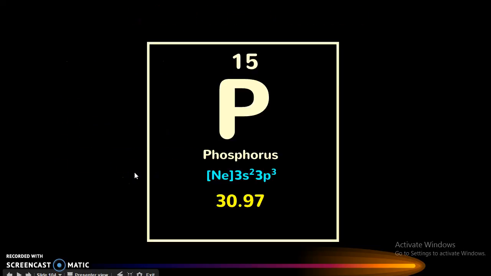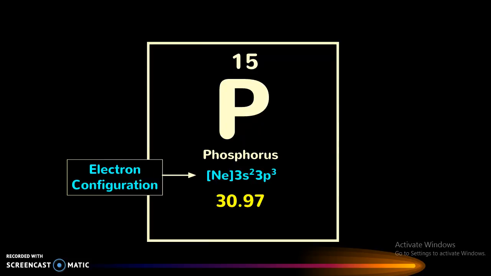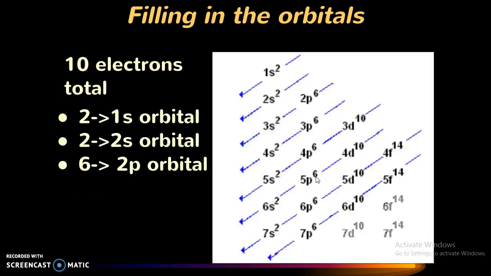We can use this information to then do other elements such as phosphorus. Now we're going to be looking at this electron configuration on the bottom. As you can see here, it says neon, and then it has 3s2 and 3p3. We just figured out the electron configuration for neon. We said it had the 1s orbital, the 2s, and the 2p filled.